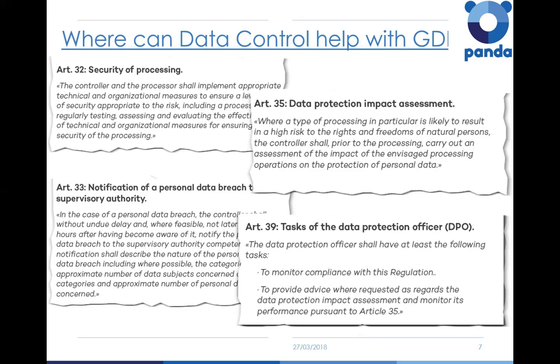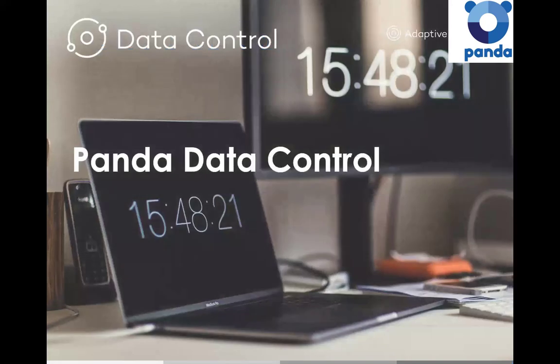This article again insists on the need to know at all times where the personal data is and who accesses it and what they are doing with it. Article 39 sets out the obligations of the DPO, or the Data Protection Officer. Now, this DPO is an independent figure whose duty is to supervise, coordinate, and ensure awareness of companies' data protection policies.